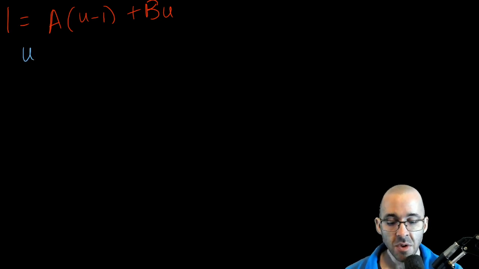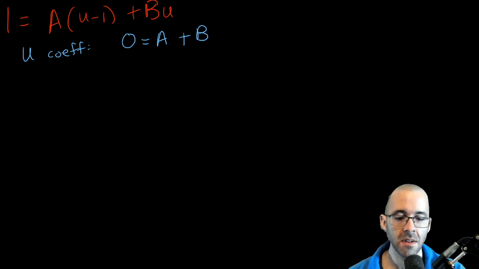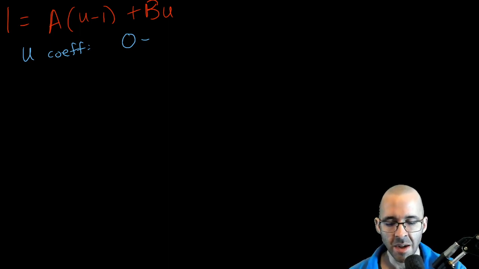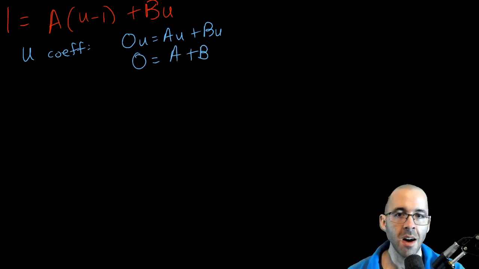There's no u squared terms, so the u coefficients have to be equal to each other. On the left, there's a 0u. On the right, there's an a times u and a b times u. There's really an intermediate step I'm not doing: 0u is equal to au plus bu. This has to be true for every u. That's why 0 is equal to a plus b. That's where it's coming from.